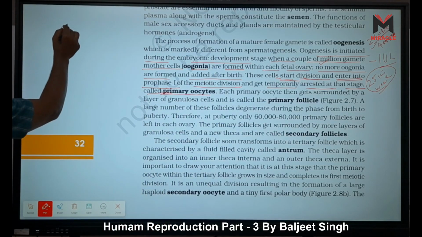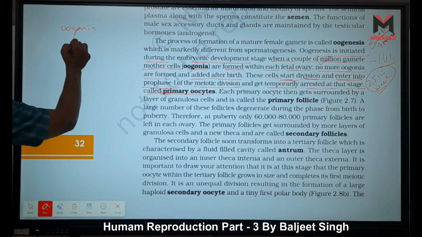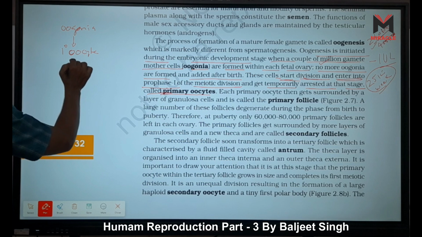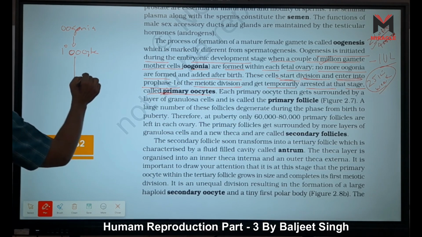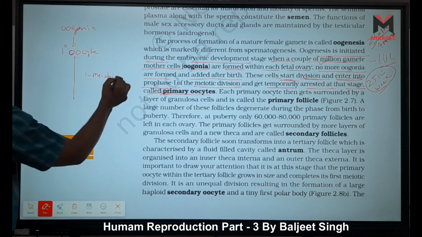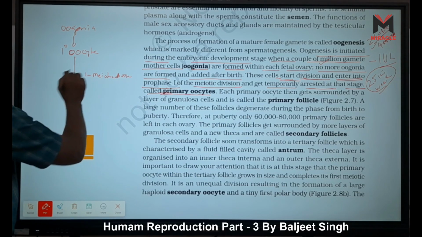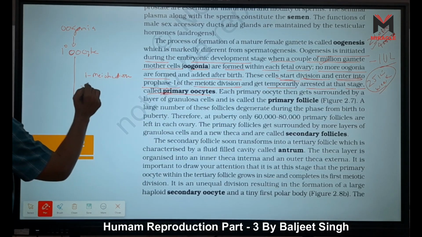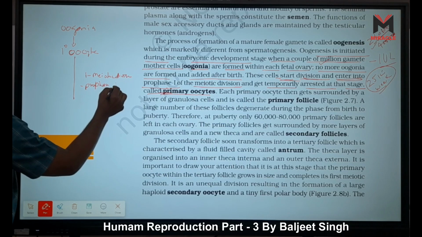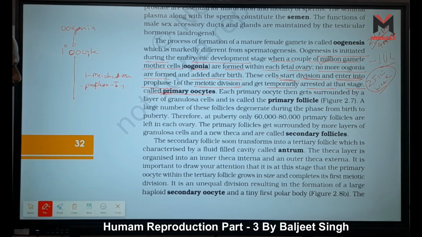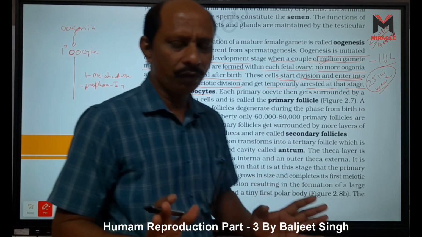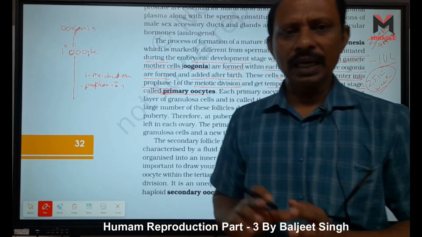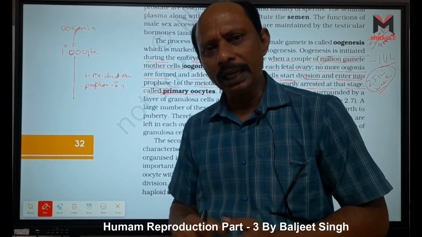Means this oogonia now develops and forms primary oocyte. This primary oocyte goes into the first meiotic division. In the first meiotic division, what happens? It is arrested in which phase? Prophase first. We know prophase first is also divided into 5 steps, right? 5 steps means leptotene, zygotene, pachytene, diplotene, diakinesis, right?